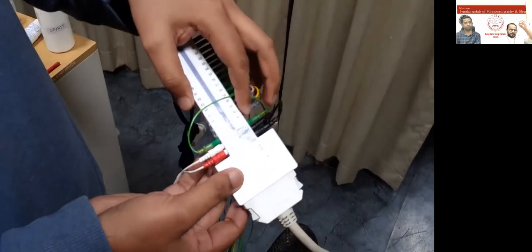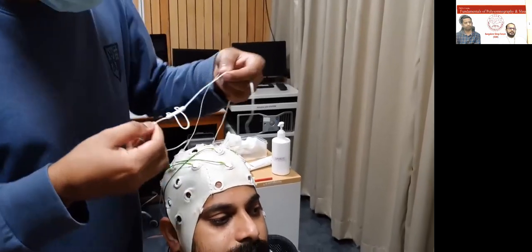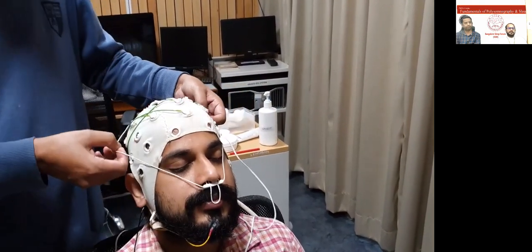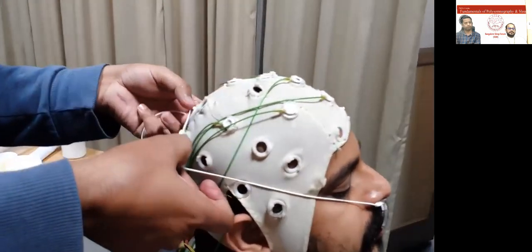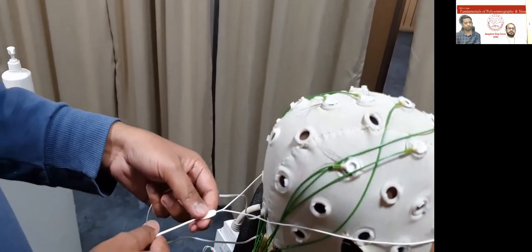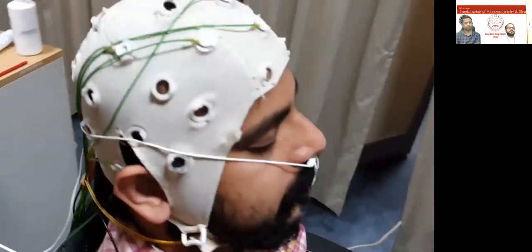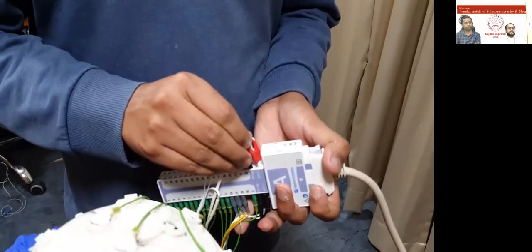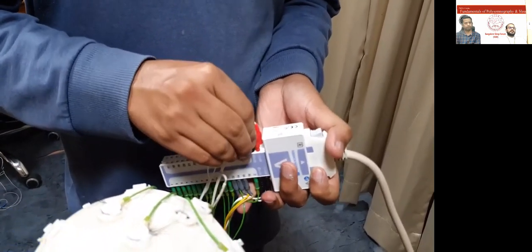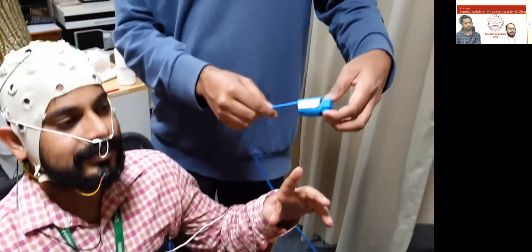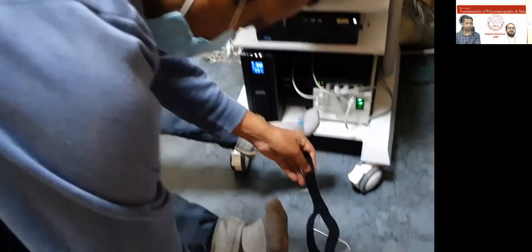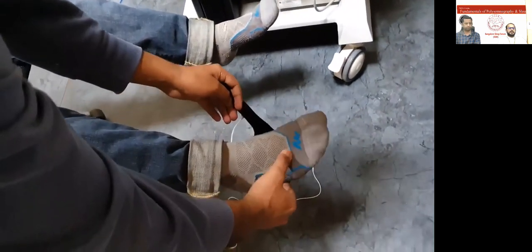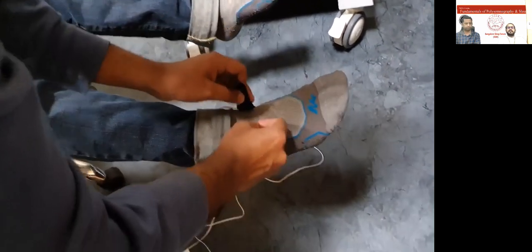Those are placed on the same junction box. Nasal sensor. The oxygen saturation. This is for tracking leg movements.